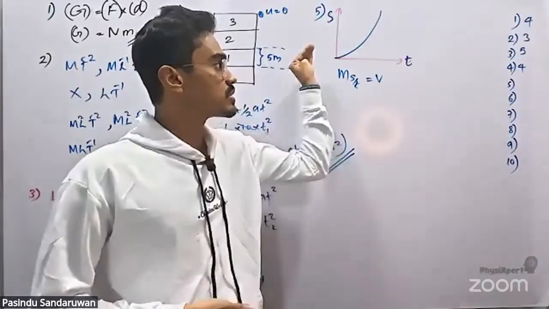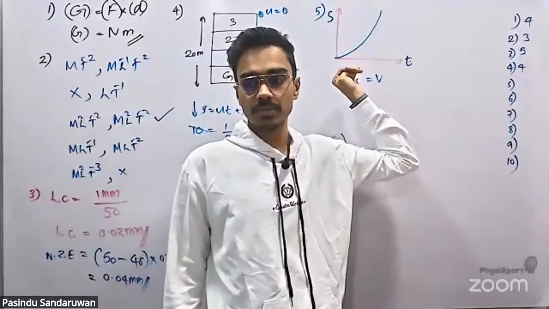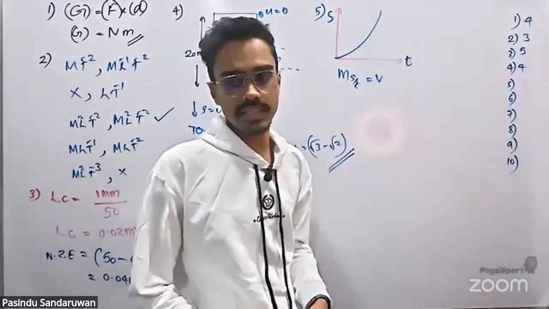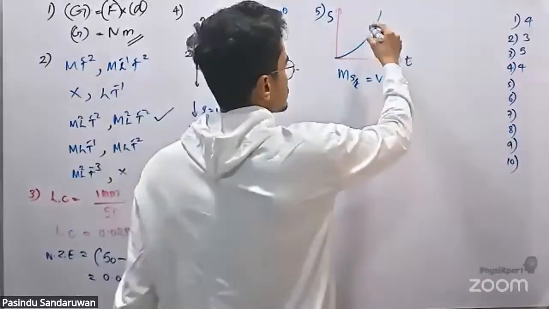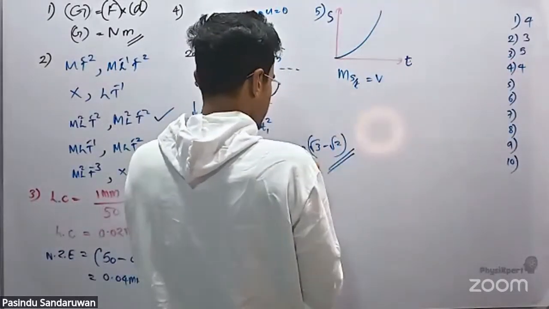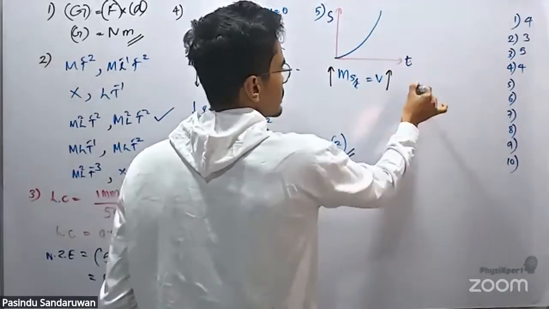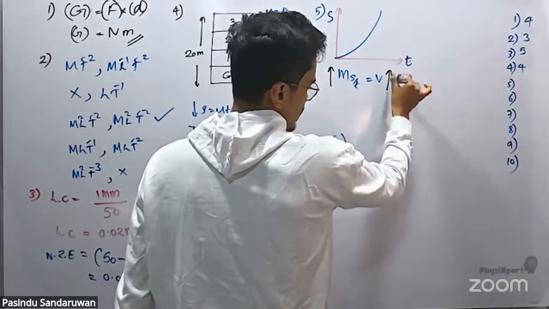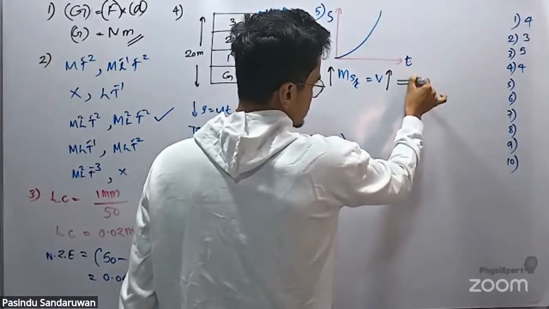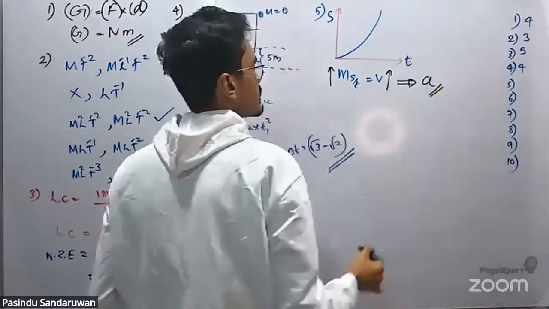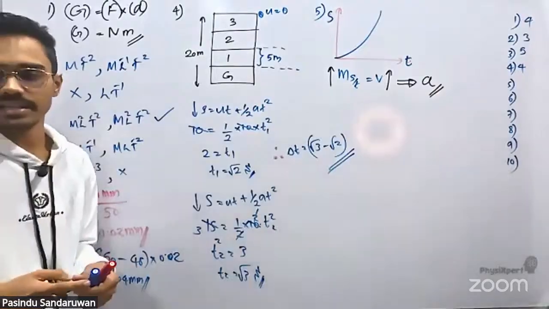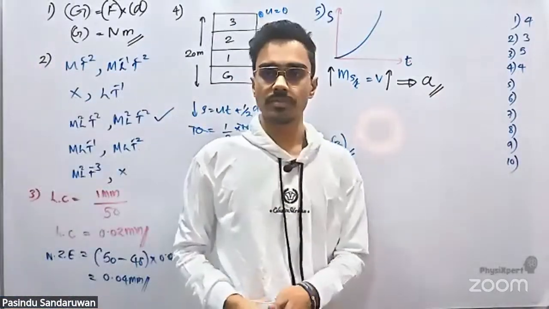So this is actually an increasing gradient. This is a positively increasing gradient, which means this is an acceleration. Increasing velocity means there is an acceleration. So one thing is decided: this is an object moving with an acceleration.